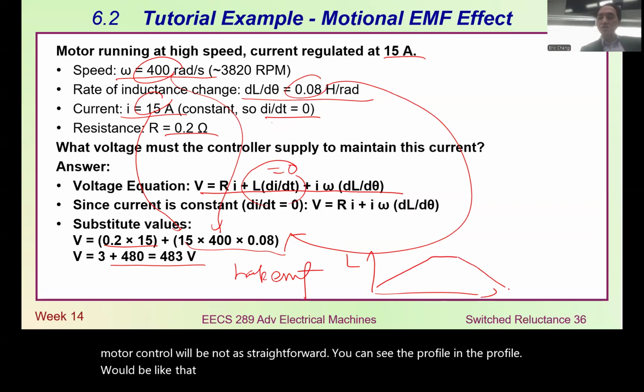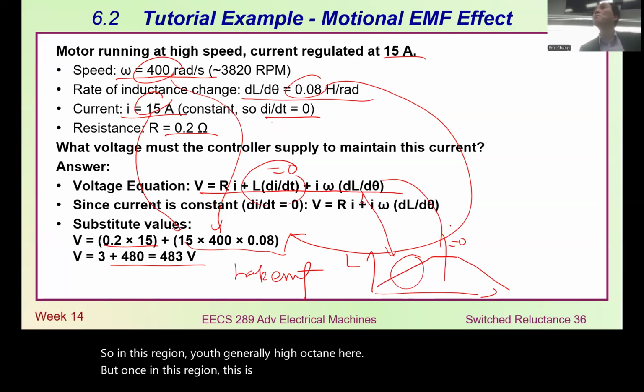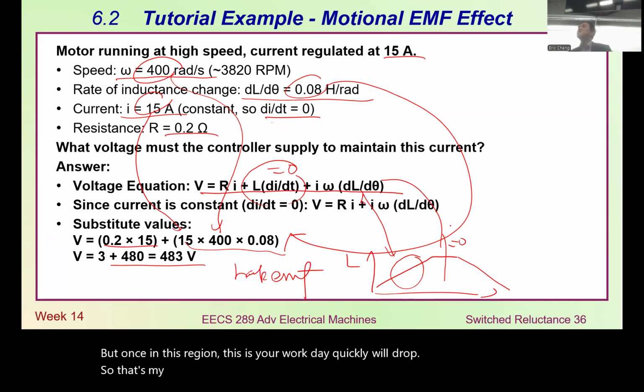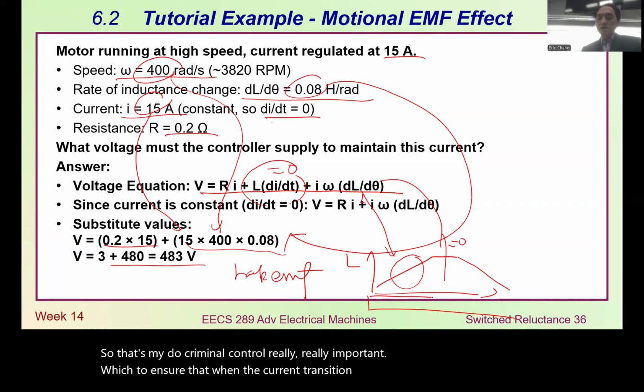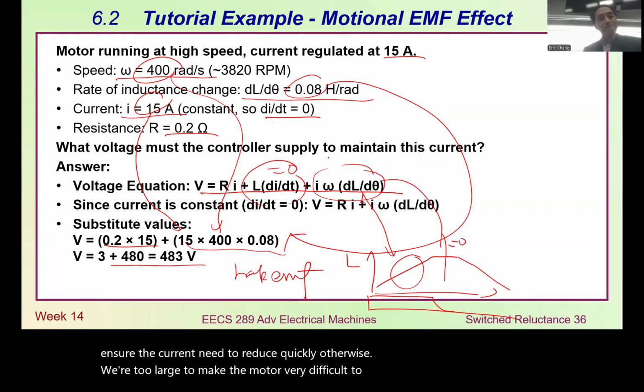So in this region, you generate high voltage here. But once in this region, this equals 0, the voltage quickly will drop. So that's why the current mode control will be really important. We need to ensure that when the current transitions from this position to here, the current needs to reduce quickly. Otherwise, this point will be too large, making the motor very difficult to operate.